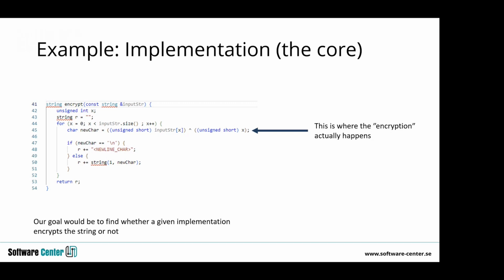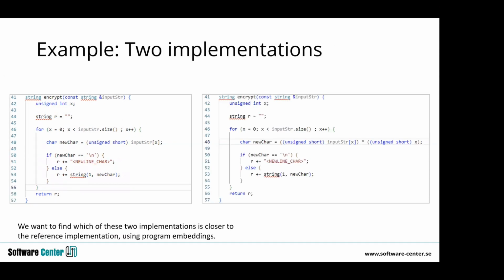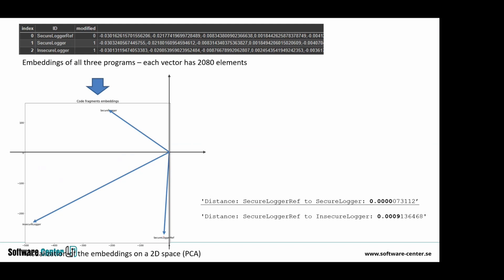Then, if we use this kind of code as a reference, we could look at other implementations, like this one, which is completely insecure, and this one, which is secure, but the operator is a bit different. By looking at those different modifications, we could see if the language models can provide us with information, in this case the cosine distance between secure and insecure code.